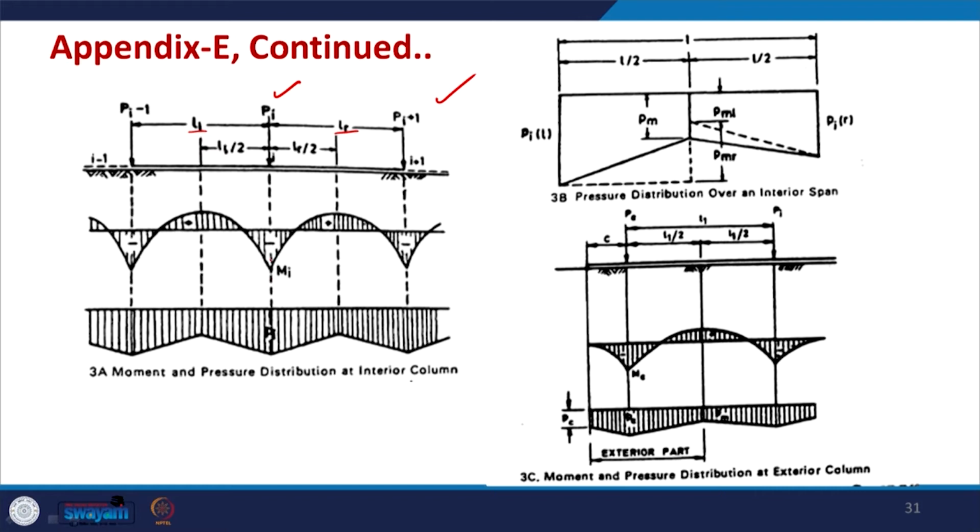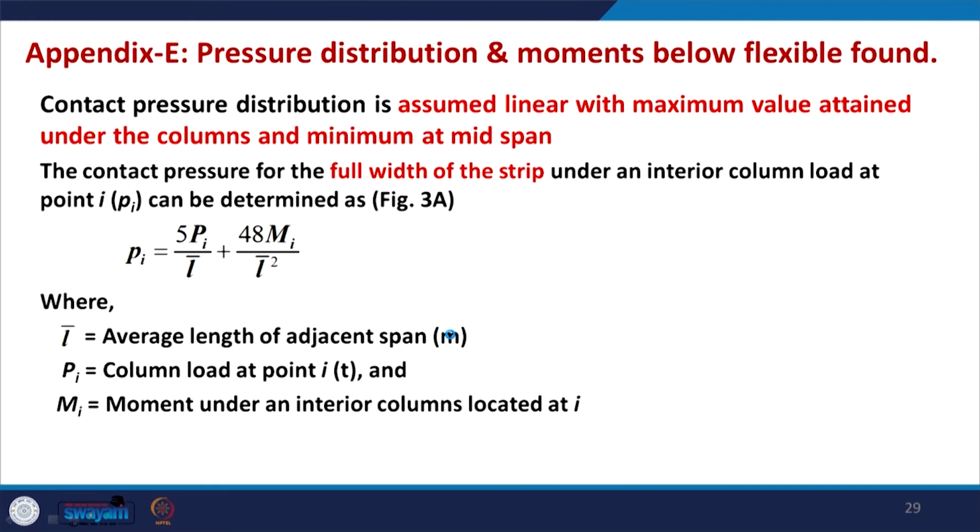So, let us say P I and M I are known to us, and the problem in this case is to find the pressure distribution, small p I. This small p I is given by this relation. In this relation, L bar is nothing but the average length of the adjacent spans. That means you take both side spans divided by 2, which gives the average length of the adjacent span, and then P I and M I are known. So, the pressure under an interior column can be found from this relation.